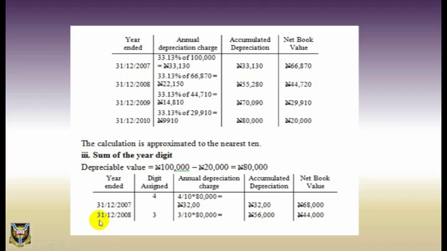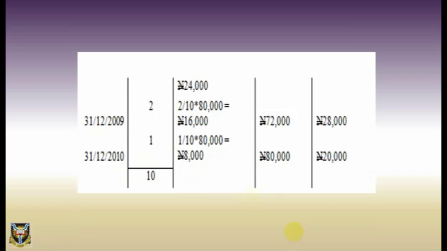Year ended 31st/12/2008. Digit assigned 3. Annual depreciation charge 3/10 times 80,000 is equal to 24,000 naira. Accumulated depreciation 56,000 naira. Net book value 44,000 naira.